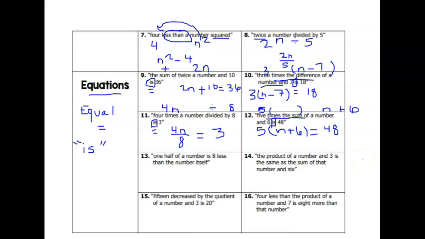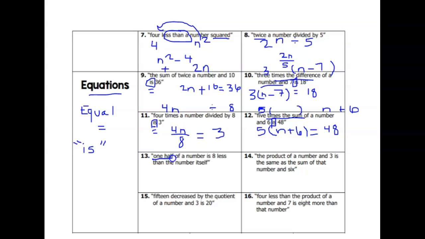All right, let's go to 13. 1/2 of a number is 8 less than the number itself. Ooh, this one has to be read correctly. 8 less than the number itself. So let's translate this.